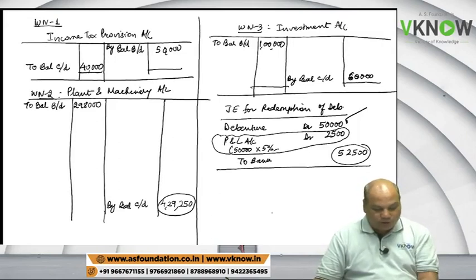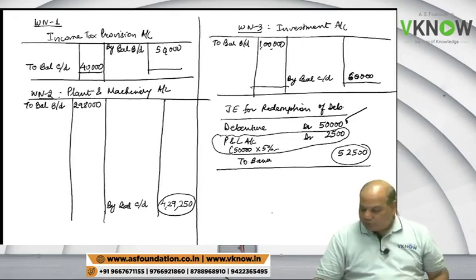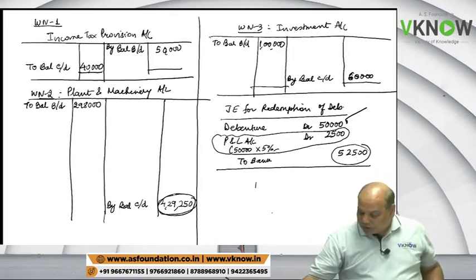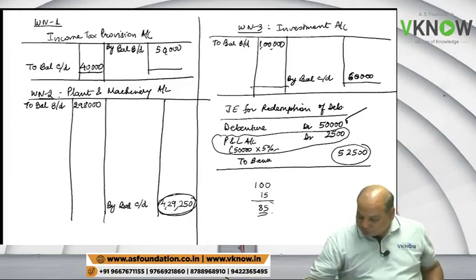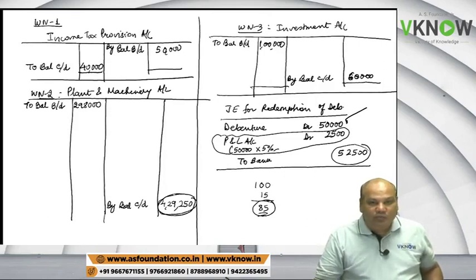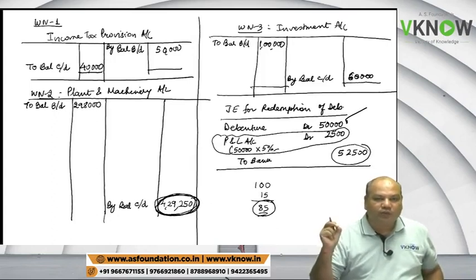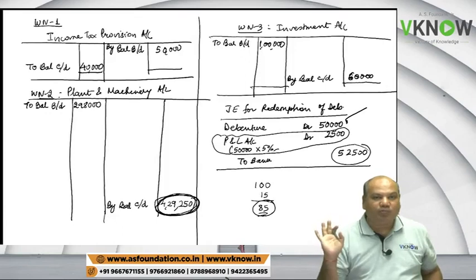So look at this figure. This figure 429 250 is after charging depreciation of 15%. If asset value is 100 rupees, depreciation is 15. So after charging depreciation, the value of the asset will be 85, which means this amount 429 250 reflects 85% of the value of asset before depreciation.